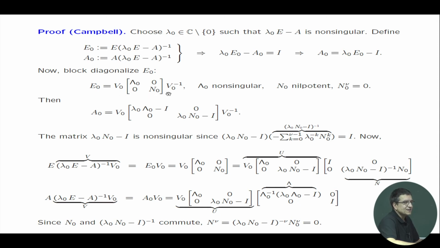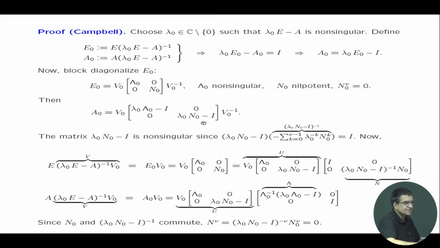Okay, we have this, but now we have our simple relation to A0. So if we have this block diagonalization of E0, then we also have one for the matrix A. Just put the lambdas here and subtract the identity matrix.